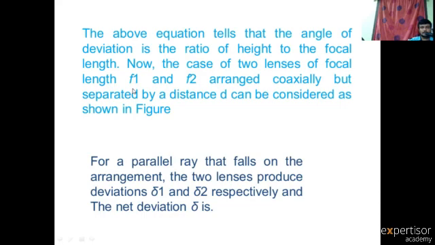So the focal lengths are f1 and f2 for the two lenses. For a parallel ray that falls on the arrangement, the two lenses produce deviations delta 1 and delta 2 respectively, and the net deviation is delta.